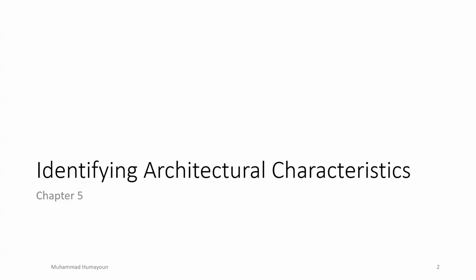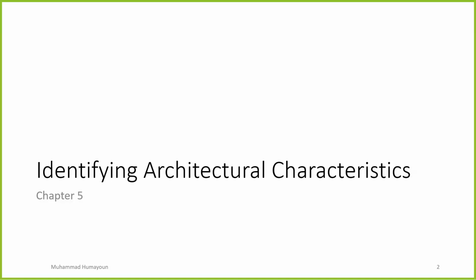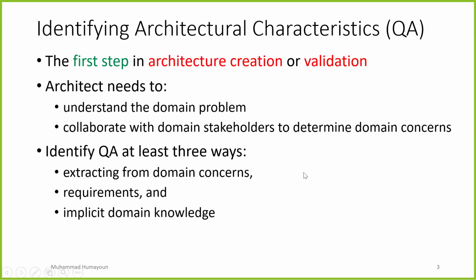Let me see. So what we will do is go for just 15 more minutes and then we will stop, okay? So, identifying architectural characteristics, how do we identify? Whenever we develop a piece of software, defining or selecting or identifying architectural characteristics is the first step we do.